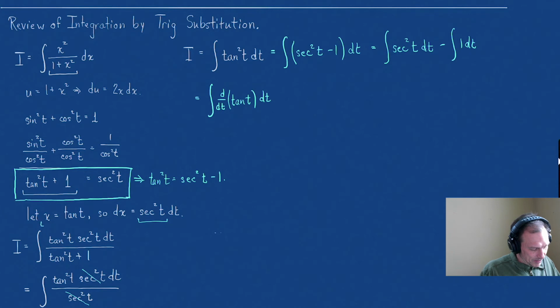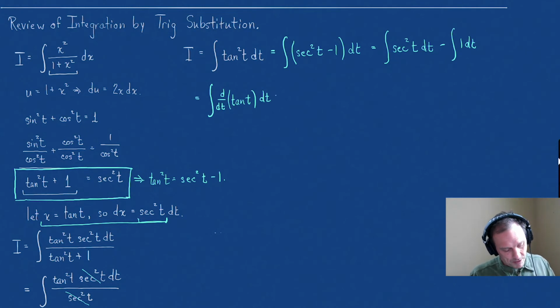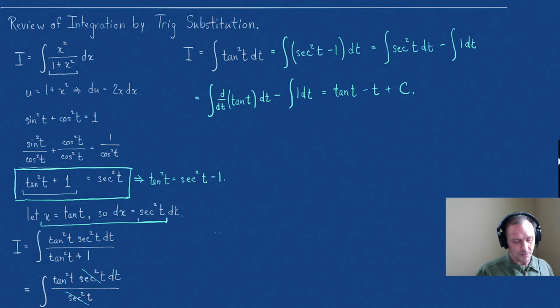That's what we did in this step right down here. So we're just using what we've already learned. And then we have a minus the integral of 1 dt. The integral of a derivative is just the function. So we have tangent of t minus t plus some constant of integration.